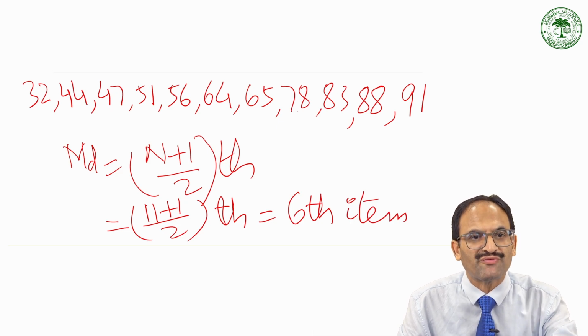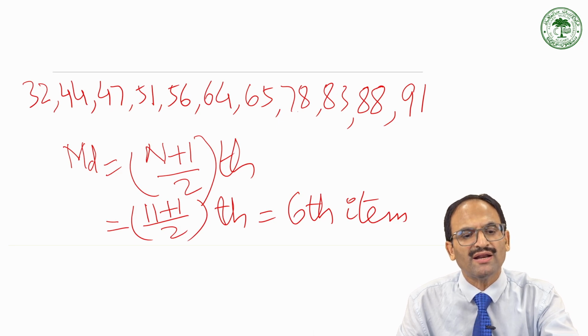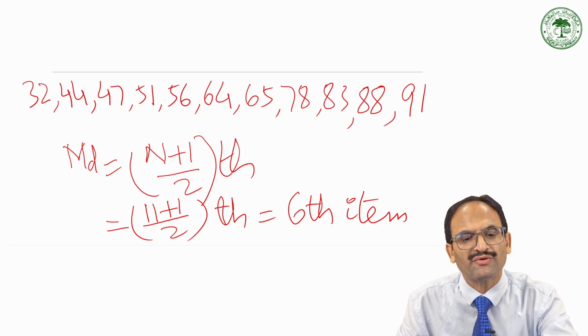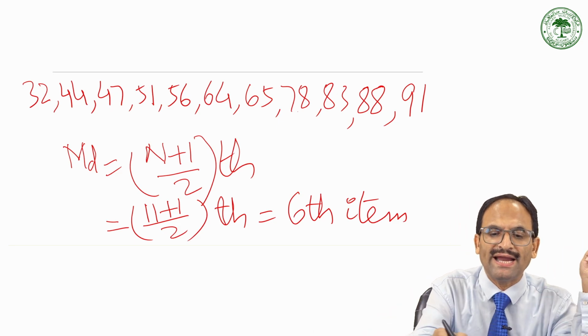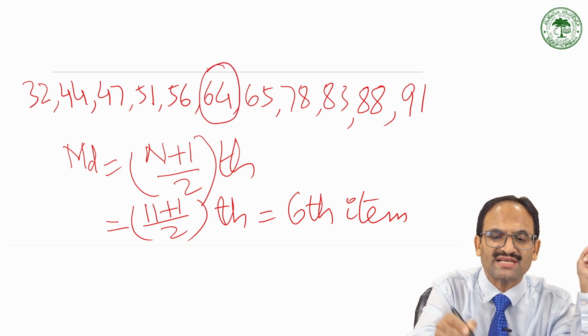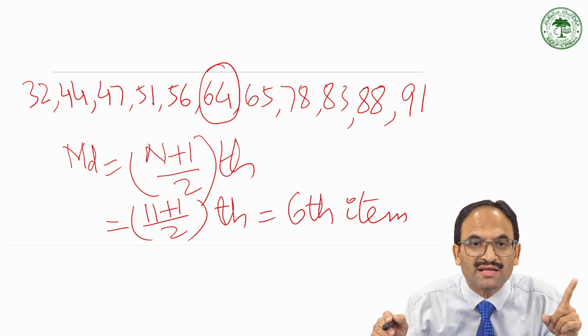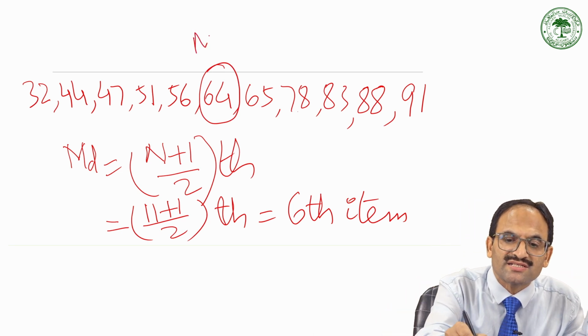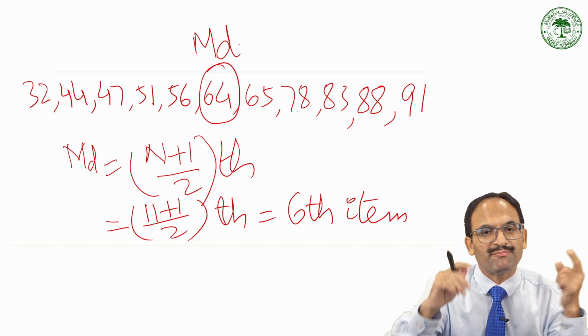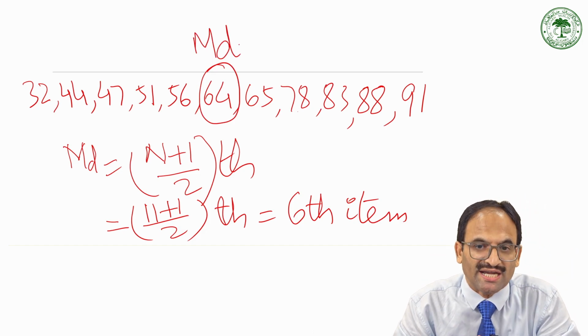So 32 is the first number, 44 is the second number, 47 is the third number, 51 is the fourth number, 56 is the fifth number, and 64 basically is the required number, that is the 6th number, and this 64 will be the median of your data.